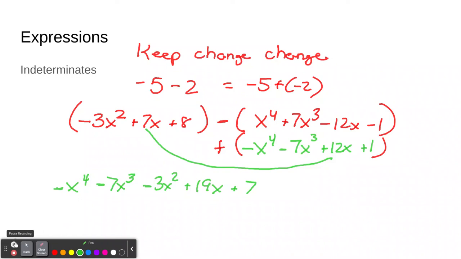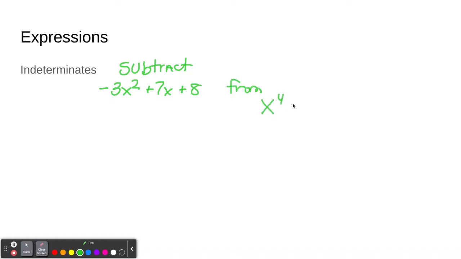Also, be careful with something like this. Let's say we had the same numbers, but the question said subtract negative 3x squared plus 7x plus 8 from x to the fourth plus 7x cubed minus 12x minus 1. Now, it looks like the same problem, but it's not.